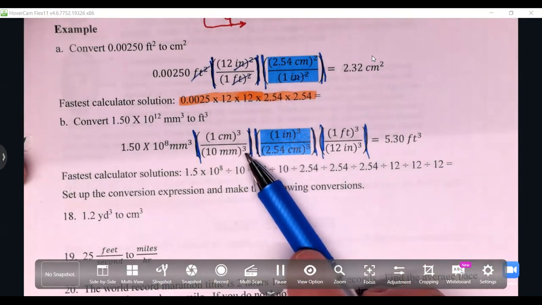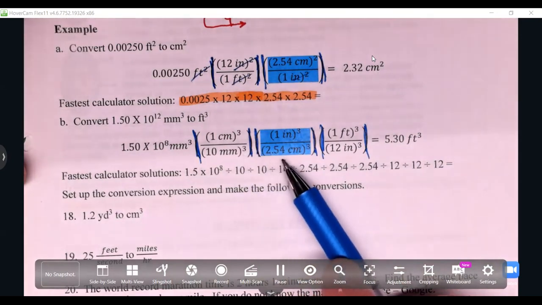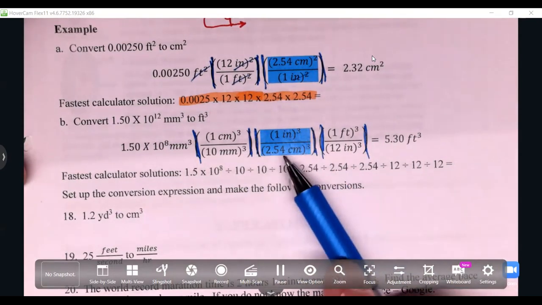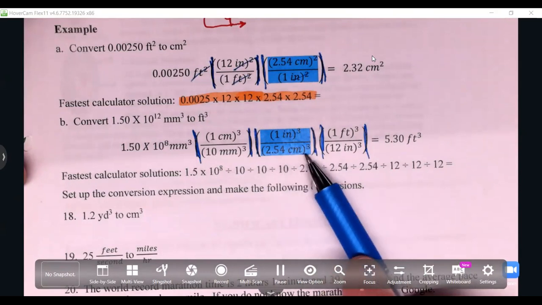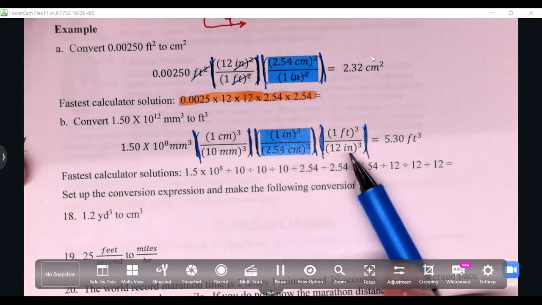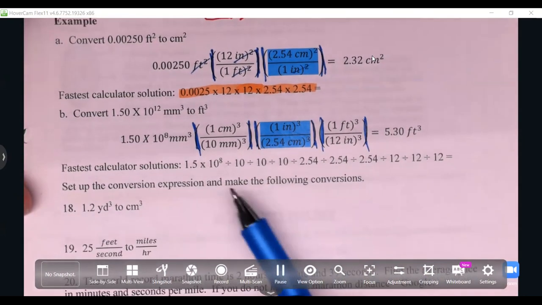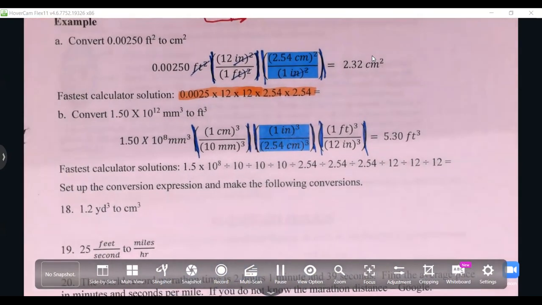Well, I'm going to divide by 10 3 times. 2.54 centimeters in 1 inch. Cube these. I'm going to divide by 2.54 3 times. 12 inches in 1 foot. I'm going to divide by 12 3 times. This is what I'm going to do in my calculator.